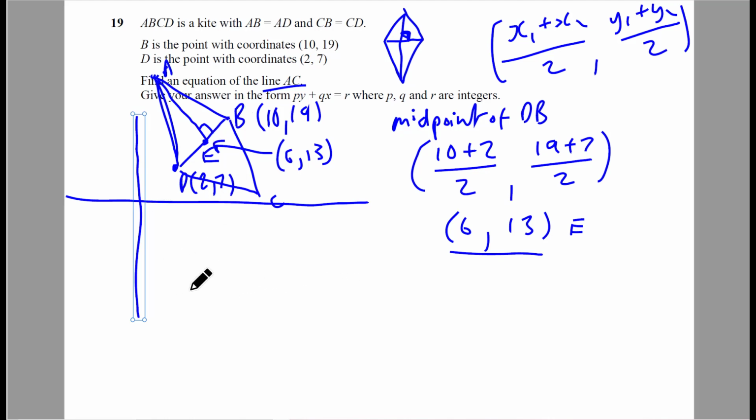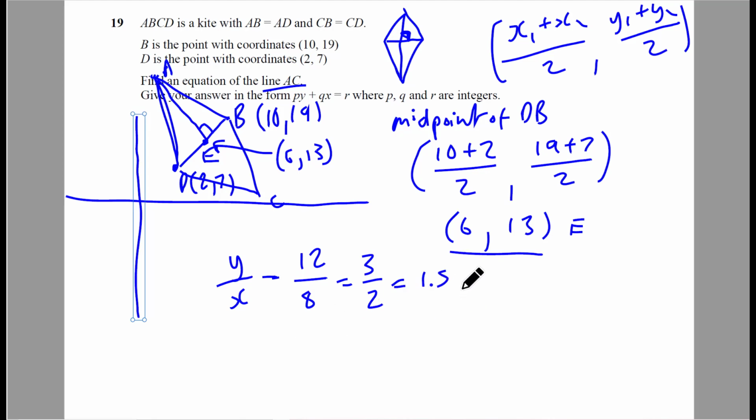Now, if we can find the gradient of D and B, which is the change in y over the change in x, that's 19 minus 7, which is 12, and the length of x is 10 minus 2, which is 8. So what does that become? Divided by 4, top and bottom, that's 3 over 2, that's 1.5, right?